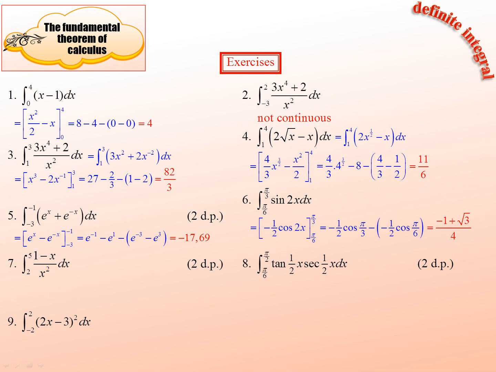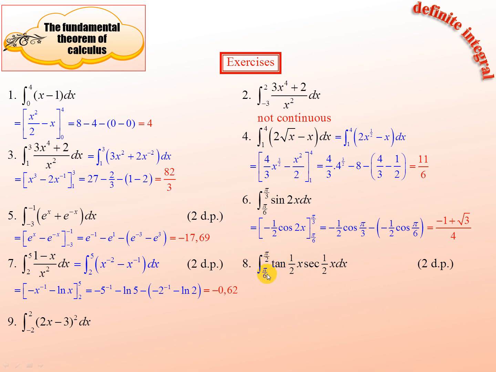I can separate out into 2 fractions. It is continuous. Integral of 1 over x is ln x. Tan is undefined at pi by 2 plus k pi. That's fine there.